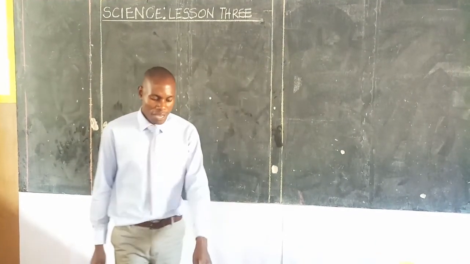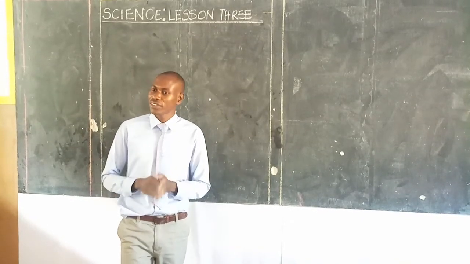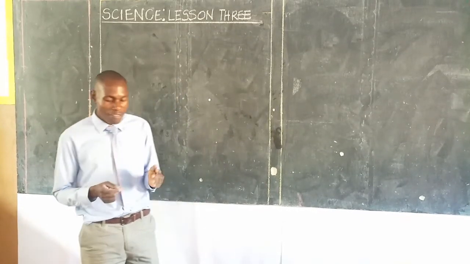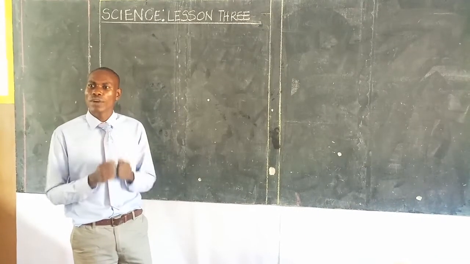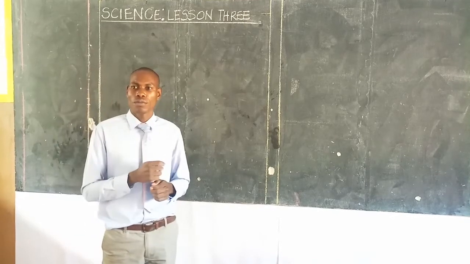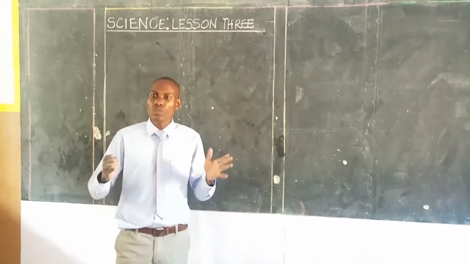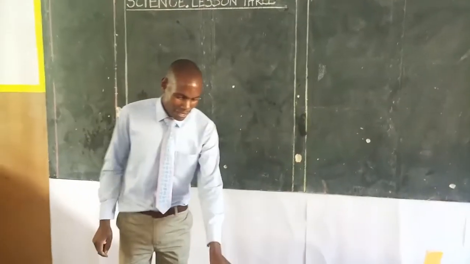However, I believe that most of you did very well in that exercise, and I see people having everything correct. However, that cannot stop me from guiding you the more. And therefore, we are going to make corrections for that activity.